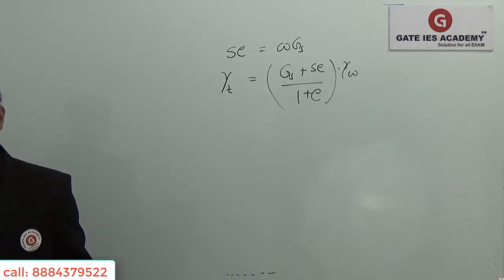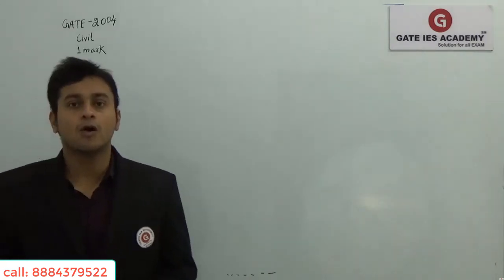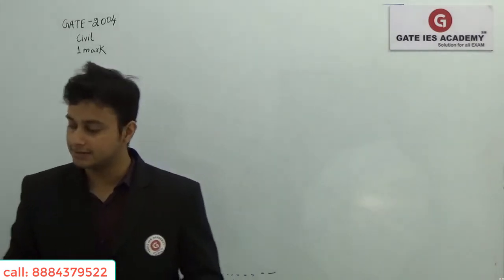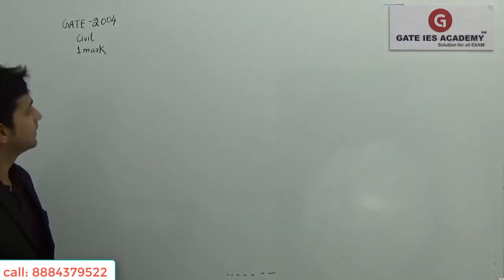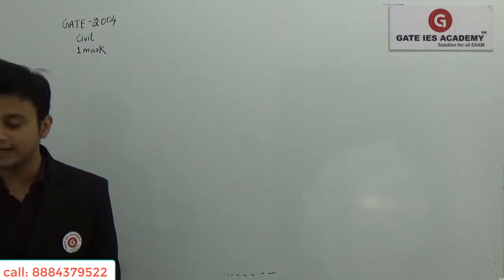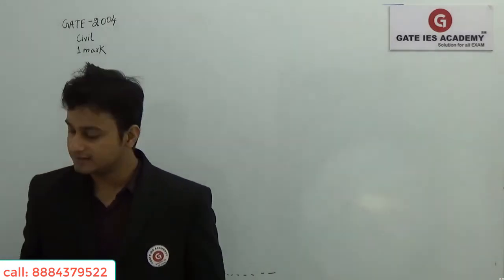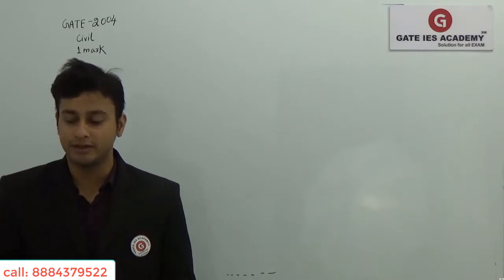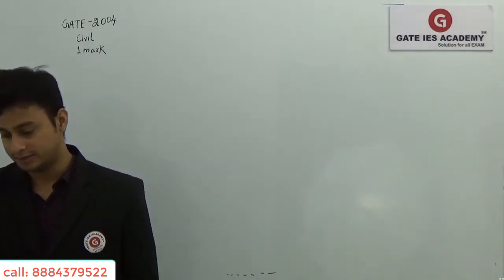The next question which I'll be taking will be from previous years. Okay students, the next question is from GATE 2004. The question is, a saturated soil mass has total density equal to 22 kilonewton per meter cube and water content of 10%.